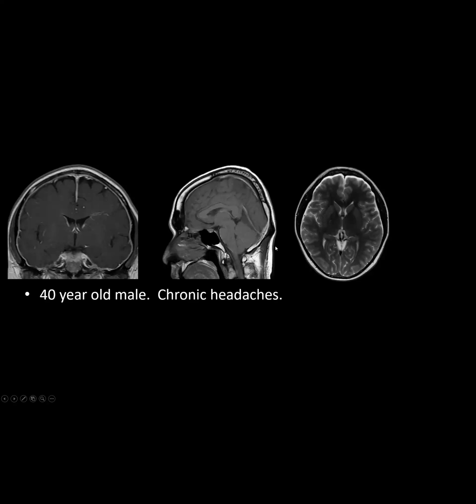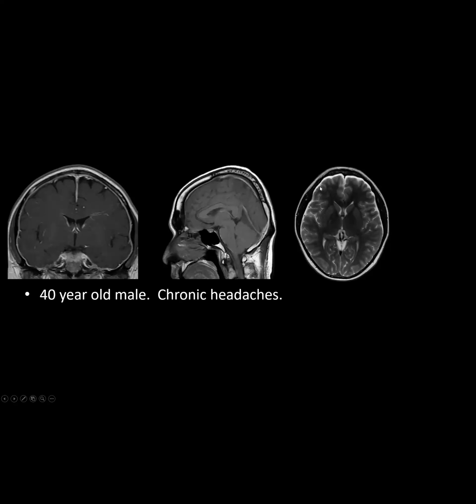There is some downward displacement of the cerebellar tonsils. They're kind of sagging and there's not much CSF in front of the pons. The suprasellar cistern's kind of narrow as well. And how about the last image? What do you think of the ventricles? They're small. Yeah, they're kind of small.